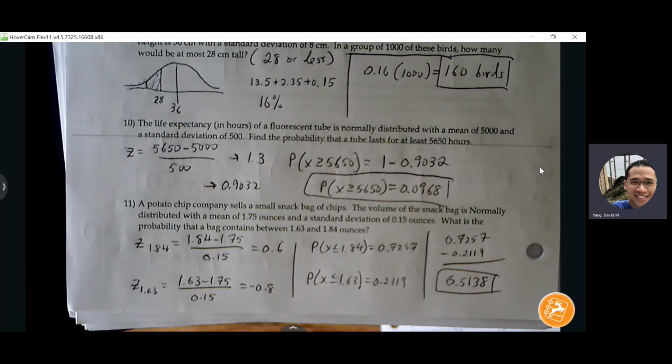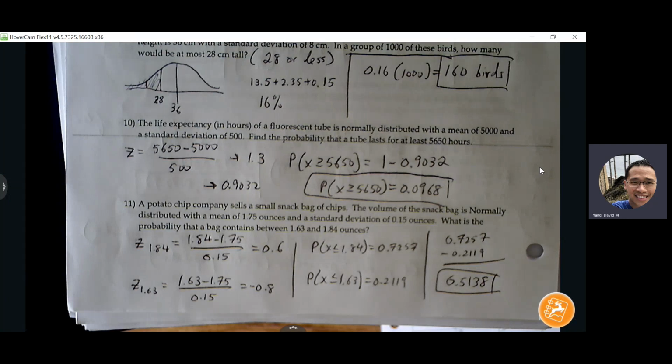And then for 11, we have 2 different x values. So we find the corresponding z-score for each of those x values, and then we find the corresponding probability that goes with those z-scores. And then we subtract those probabilities. I saw on the previous quiz where students were subtracting the z-scores and then getting the probability from that.